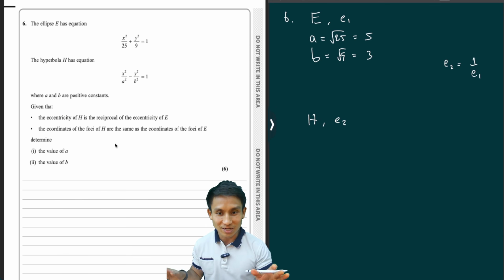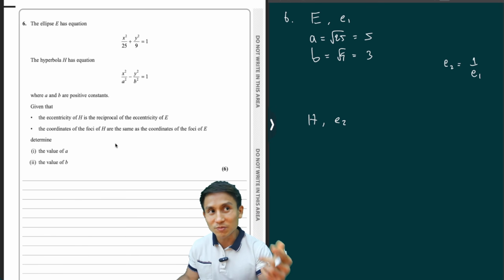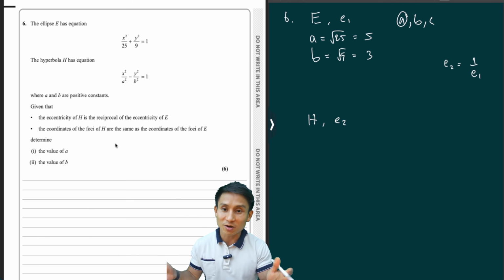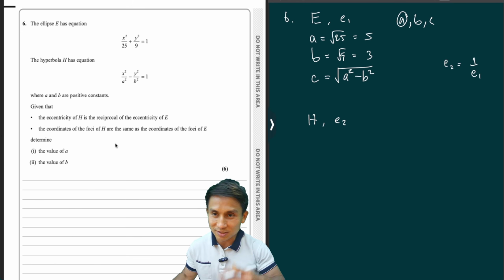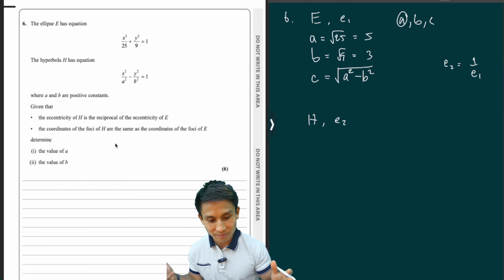This is not in the textbook, but for an ellipse, a would be the longest. There are a, b, and c, and you do a Pythagoras. So to get c, it's going to be the square root of a squared minus b squared, because a is like a hypotenuse, being the longest for an ellipse.